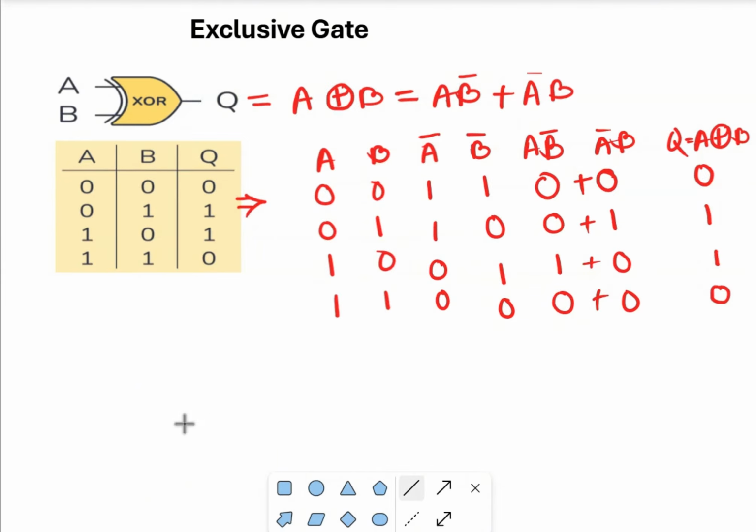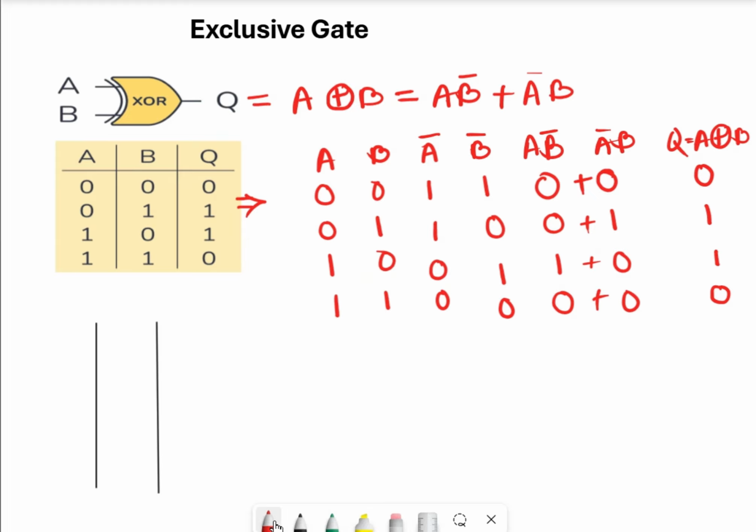So now it's time to draw the equivalent circuit for the XOR gate. Indeed, we have to have two input lines. So one will be, let's say, A, and another one will be B. And also we have to have two NOT gates, one with A because there are prime or bar used.